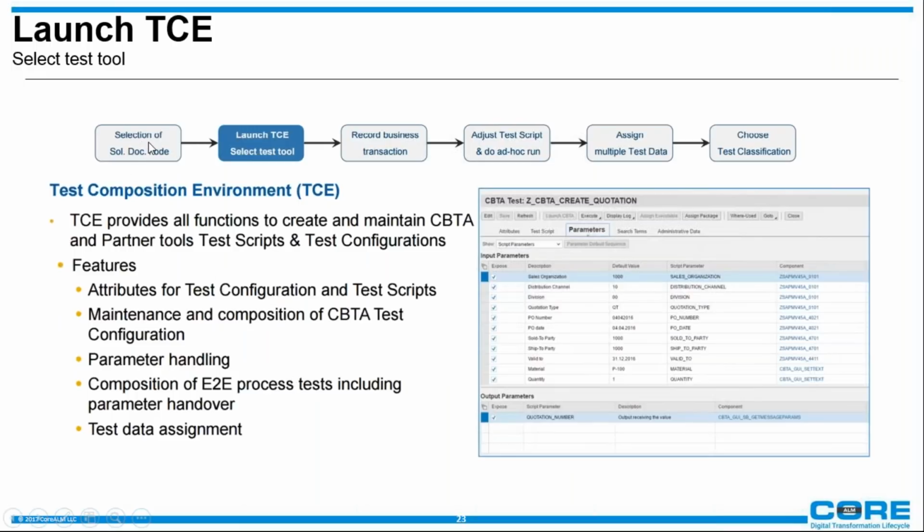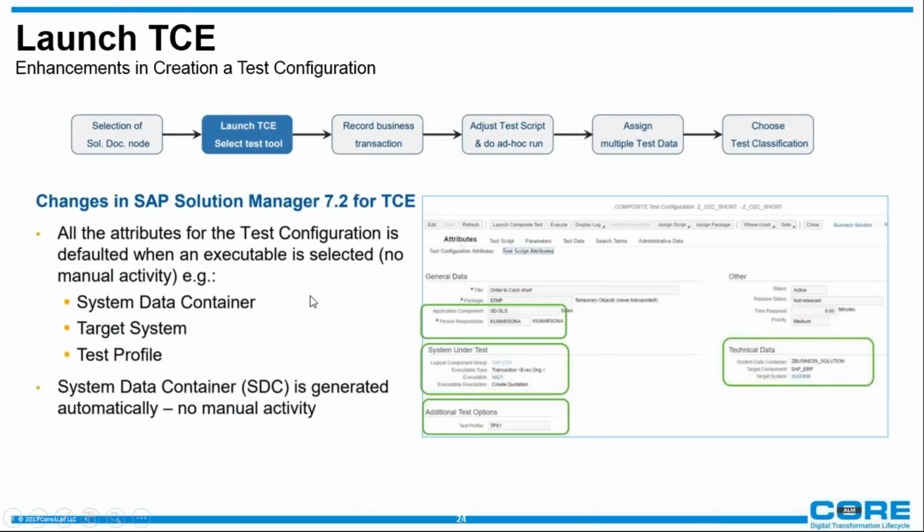So the first step in the process would be the node, and then launch the test composition environment. In the environment, you can see here in the screenshot, there's the test script, attributes, and parameters, and that's where you begin building end-to-end test cases.